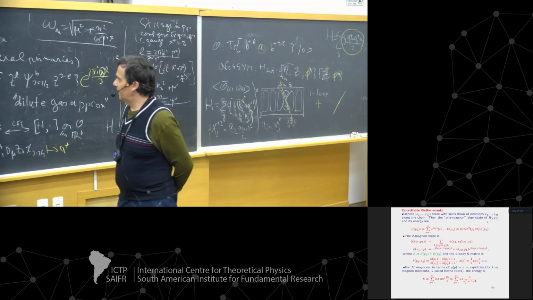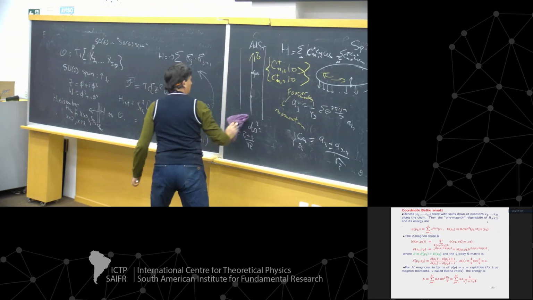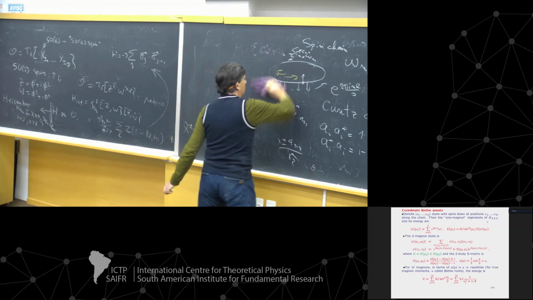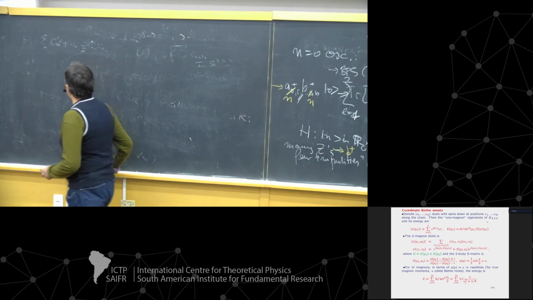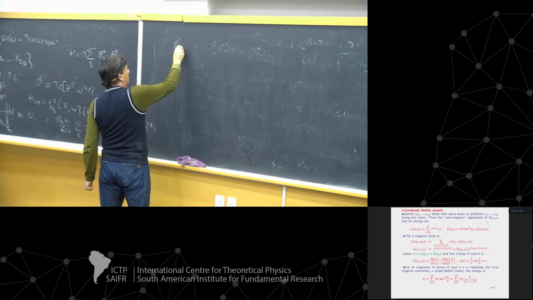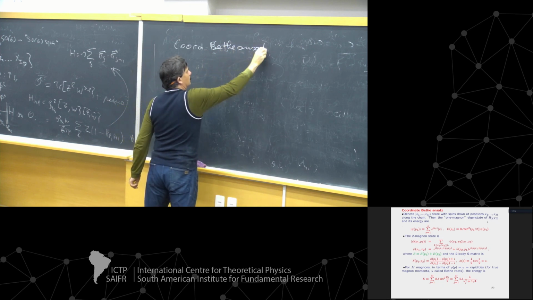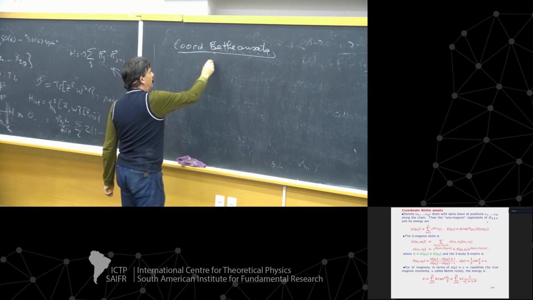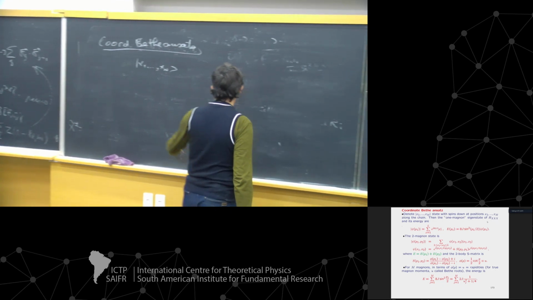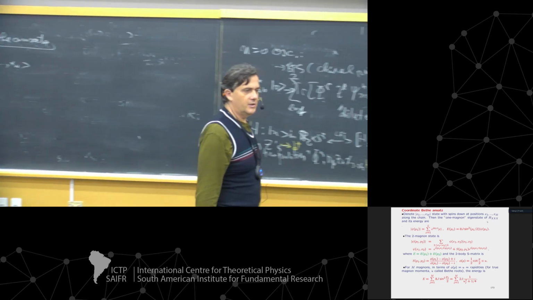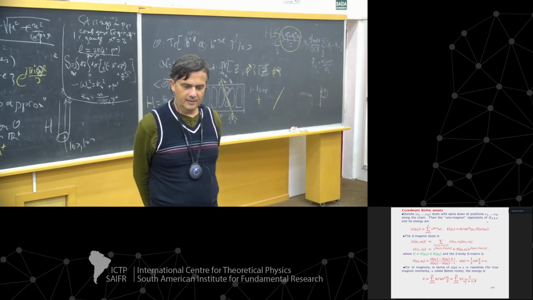So if I define, coordinate Bethe ansatz, I define the state |x1, ..., xn> as a state with n excitations, with different spins, let's say spins down at positions x1, ..., xn.